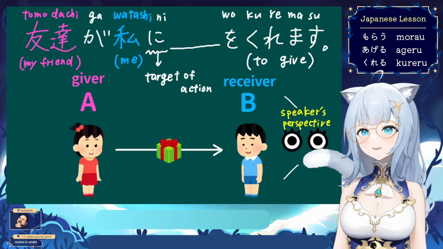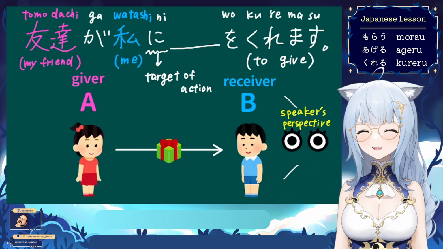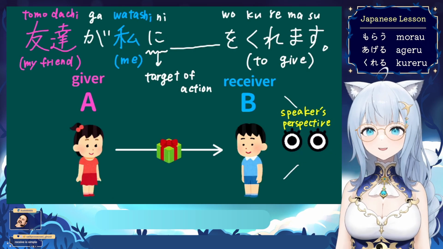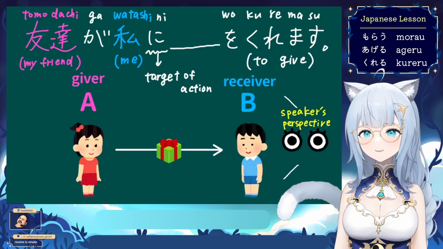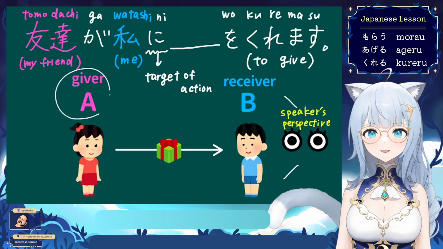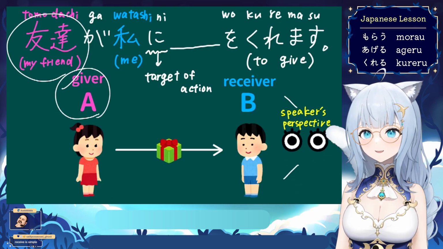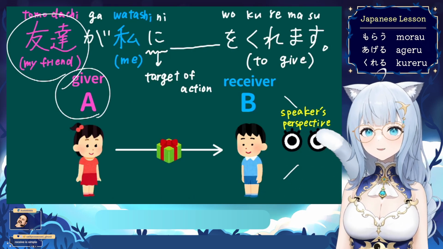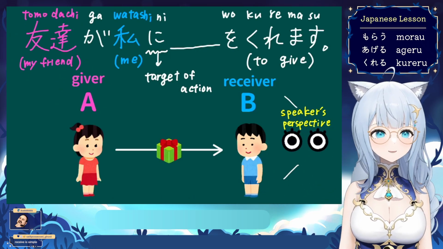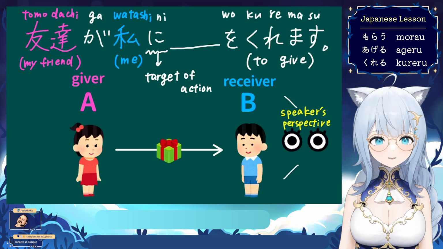くれます。友達が私に何々をくれます。My friend gives something to me. In this sentence, 友達 is the subject, so my friend gives, right? But the speaker's perspective is the receiver side.